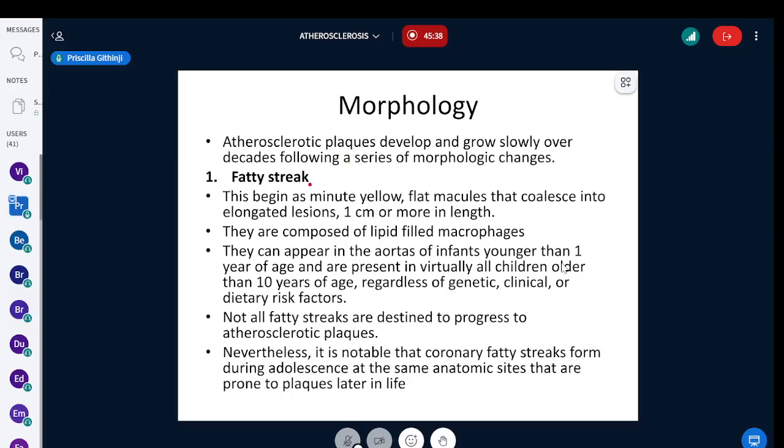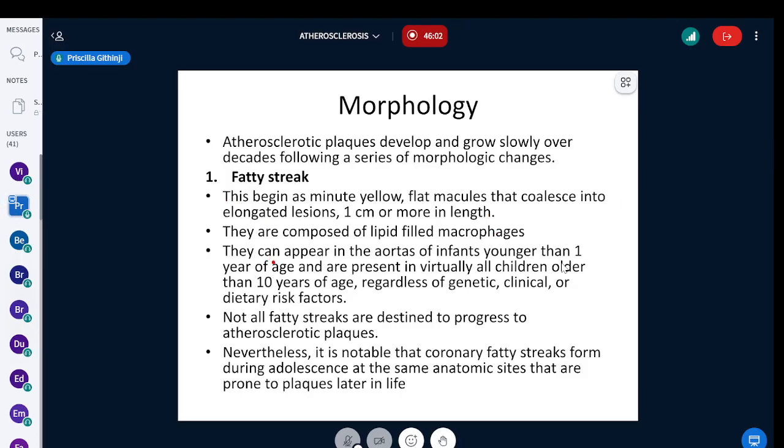These are minute yellow flat macules that coalesce into elongated lesions, usually about a centimeter or more in length, and they're usually composed of lipid-filled macrophages. So you had endothelial cell damage, and then you have a few macrophages that have engulfed the lipid. This is usually the first structure to form.